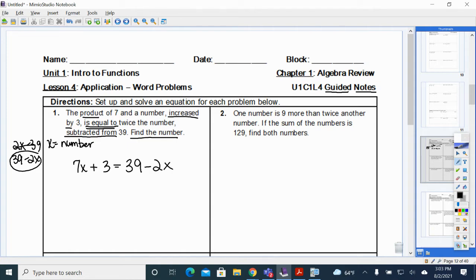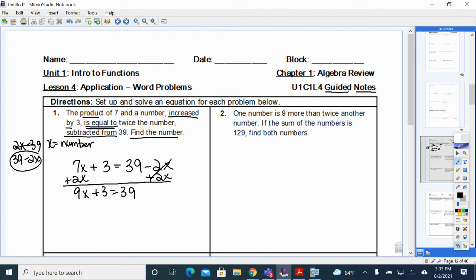Always remember that with subtraction, order matters, and you need to slow down and pay very close attention to how it's worded. So I've got 7x plus 3 is equal to 39 minus 2x. We're going to solve this. I'm personally going to add the 2x so that I can get my variables on one side. 7x plus 2x is 9x.